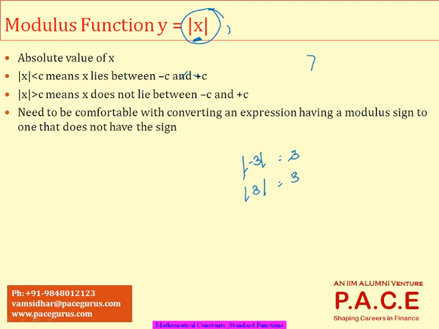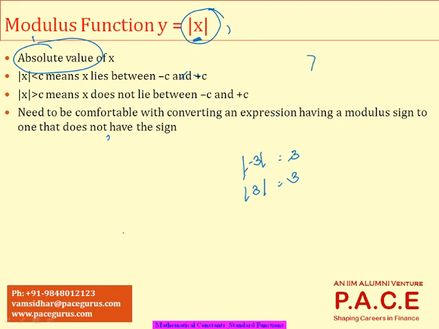Whatever is the value inside the modulus, the output is always a positive value. The negative sign is ignored in the case of the modulus function. So that's the reason we even call the modulus function the absolute value of x. We ignore the sign of x and present only the absolute value.